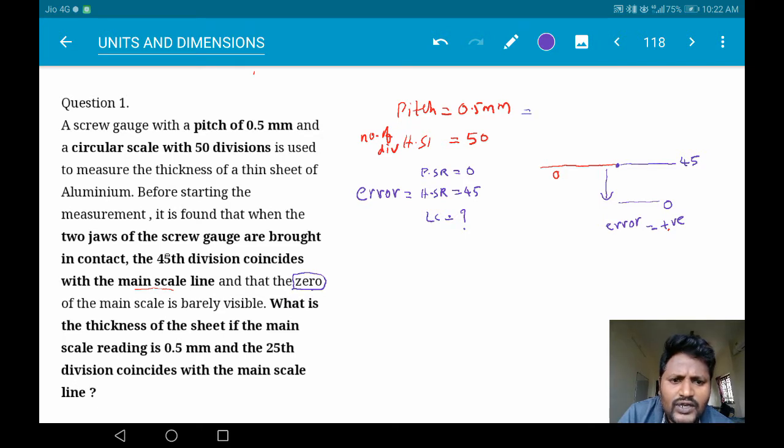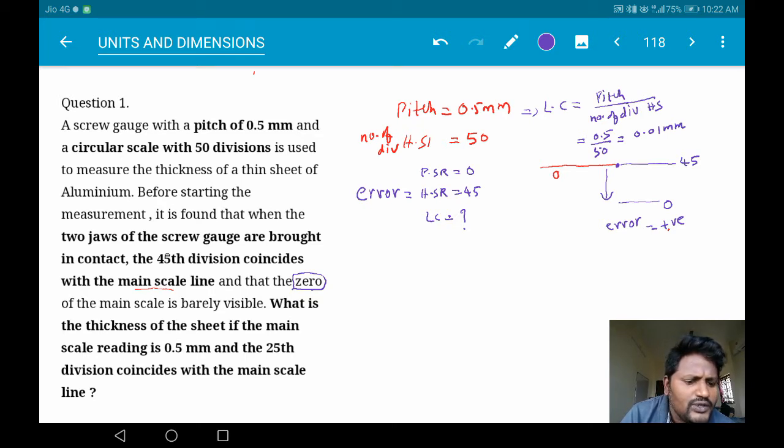Let us find out the least count first. We know that least count is equal to pitch by number of divisions on head scale. So pitch is 0.5 by 50, so 0.01 millimeter is the least count of the device.